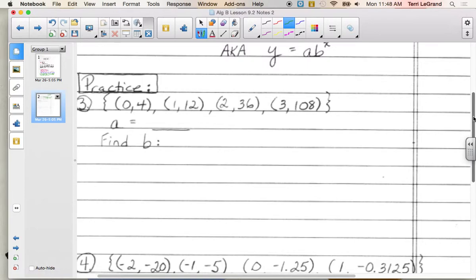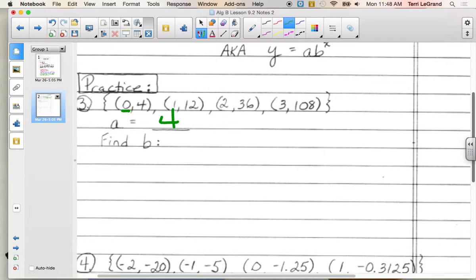So what's our a value? Go back up to above when I said, what is y when x equals 0? What is y when x equals 0? 4.